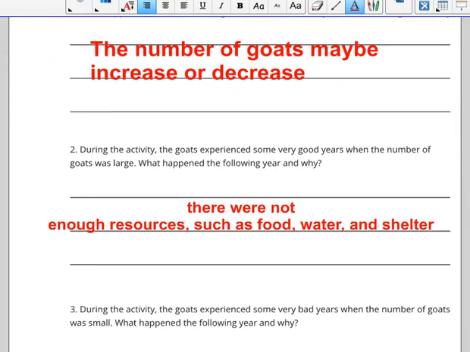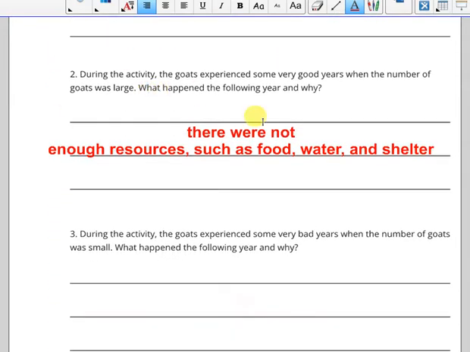During the activity, the goats experienced some very good years. When the number of goats was large, what happened the following year and why? The number decreased, right? So the number decreased after the next year. So there were not enough resources.